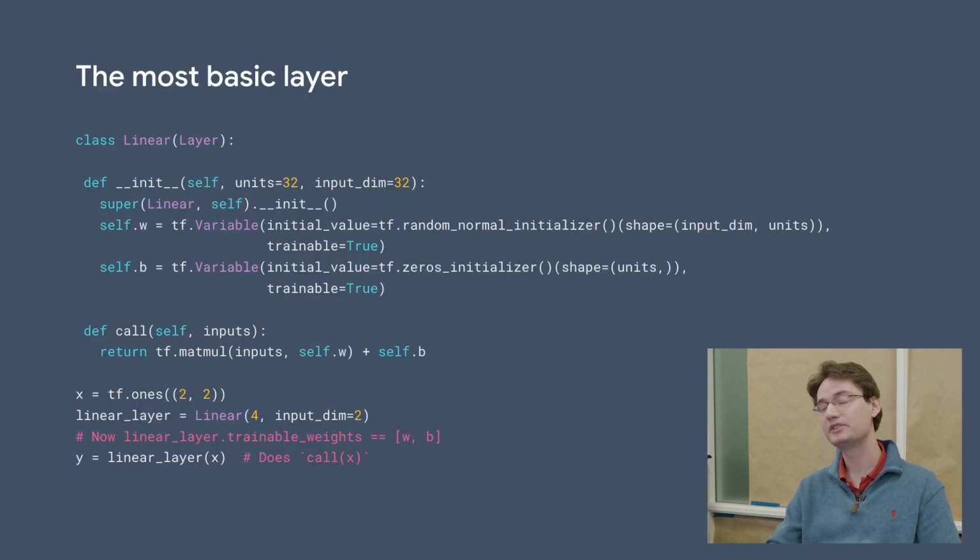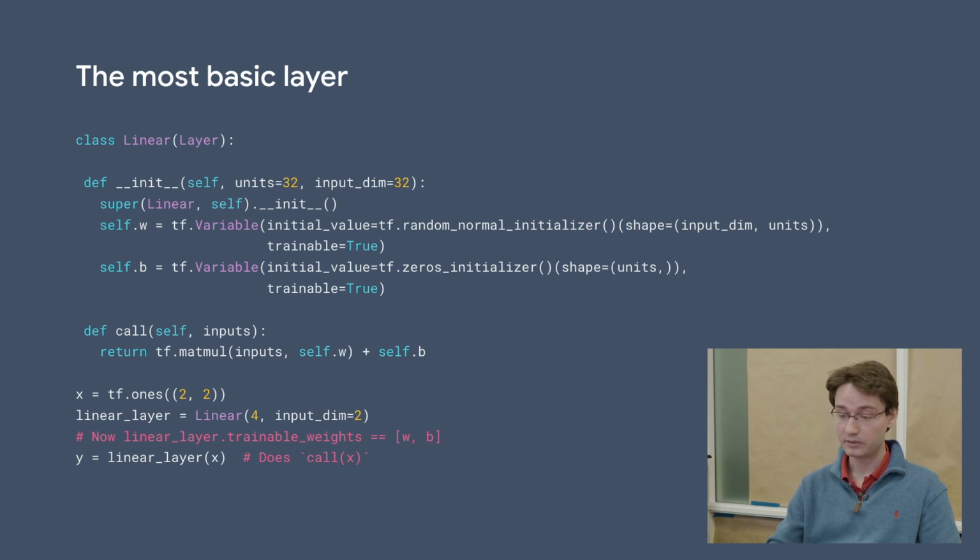So this is the most basic layer you could possibly write. It has a constructor in which you create two TF variables, and you say these variables are trainable, and you assign them as attributes on the layer. And then it has a call method, which essentially contains the batch of inputs to batch of outputs computation, in this case just Wx plus b.